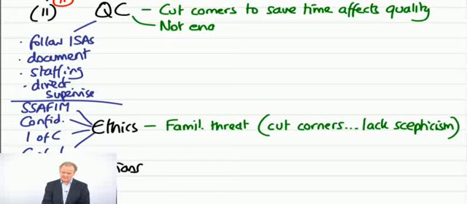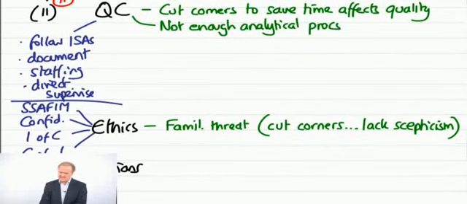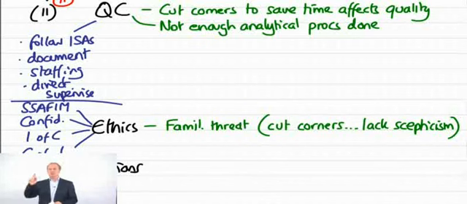Not enough analytical review or analytical procedures have been done. They are a requirement of ISA 315, so by not doing it, they are in breach of audit standards. You have to analytically review all of the primary statements in the accounts, not just one of them.